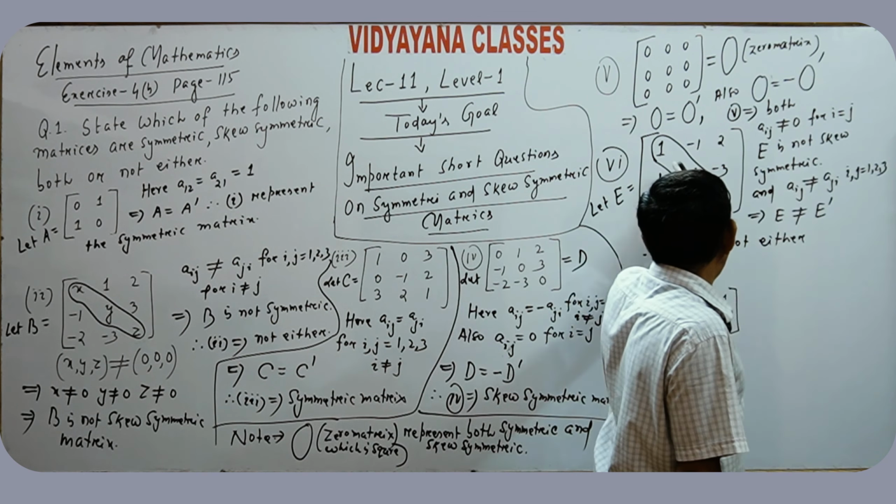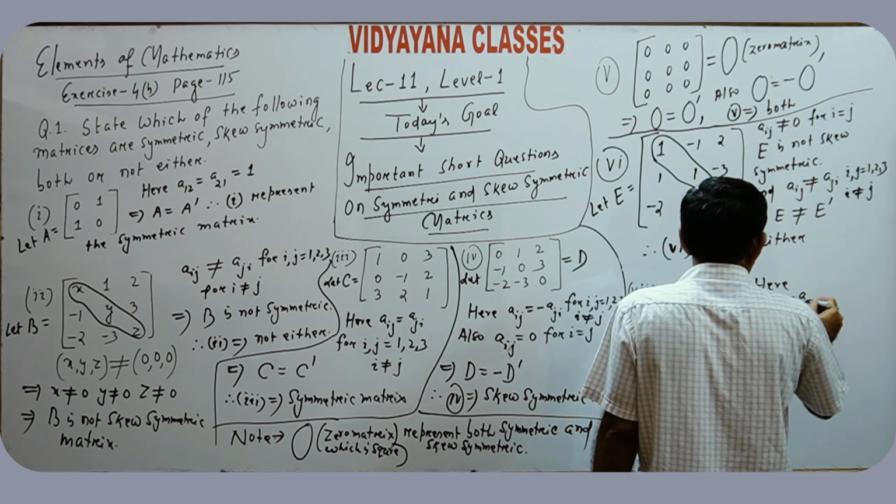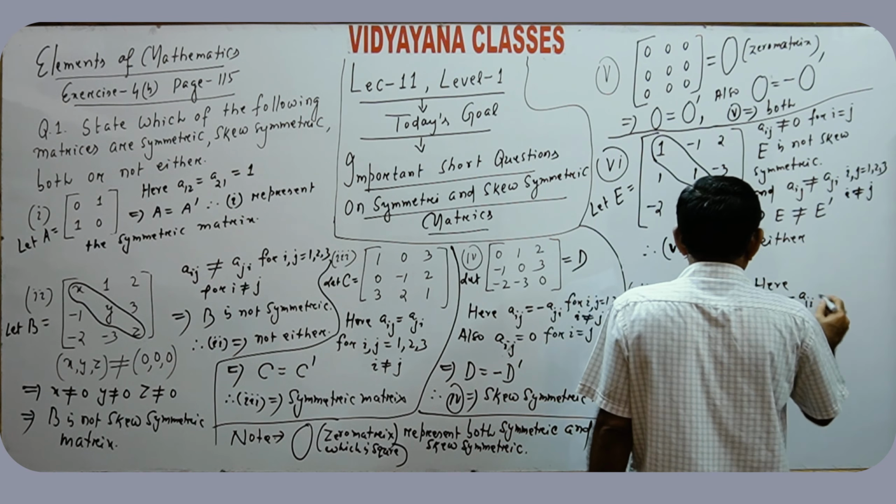Here Aij is equal to Aji. A12 is 0, A21 is 0.